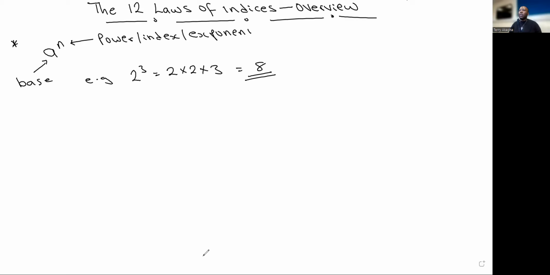The first law I'm going to talk about is what we call the multiplication law. So basically, we're talking about how do we multiply indices together. The rule says that a raised to power m multiplied by a raised to power n will be equal to a raised to power m plus n.